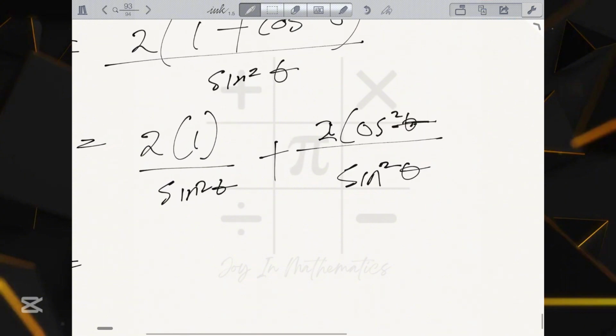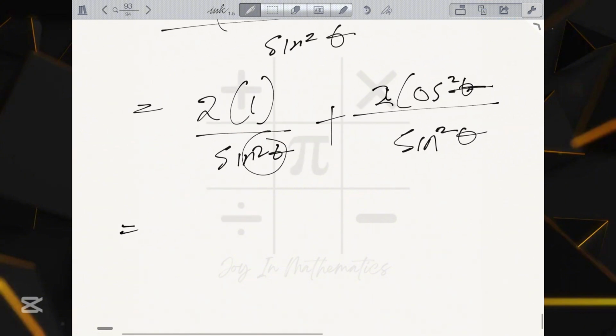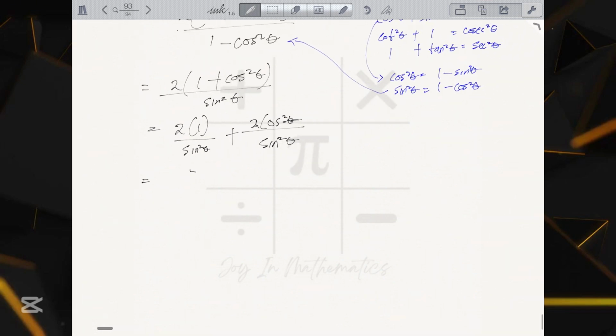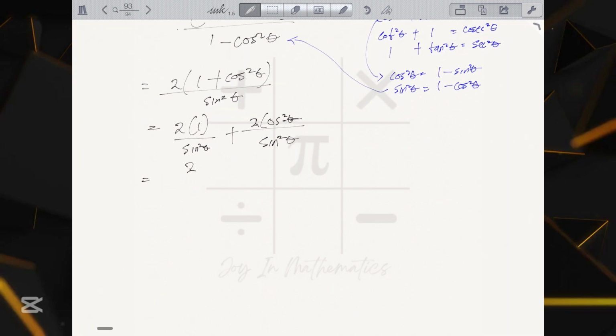Okay, this is sine squared theta, not sine 2 theta. So this will give us 2 divided by sine squared theta, and this would give us 2 cos squared theta divided by sine squared theta.